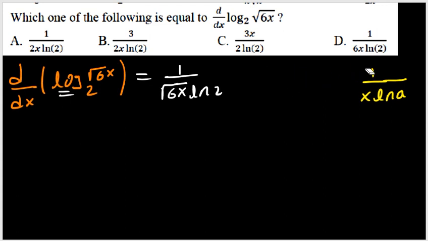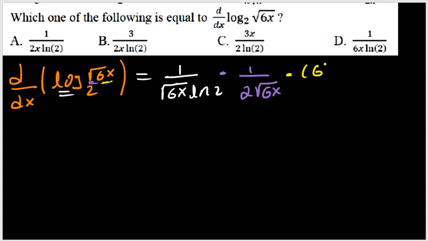Then I have to multiply and continue the chain rule, times the derivative of the radical, which will be 1 over 2 radical 6x. Again, I will differentiate the inner function. The 6x derivative will be 6. So when you finalize this, upper 1 times 6, 6 remains.